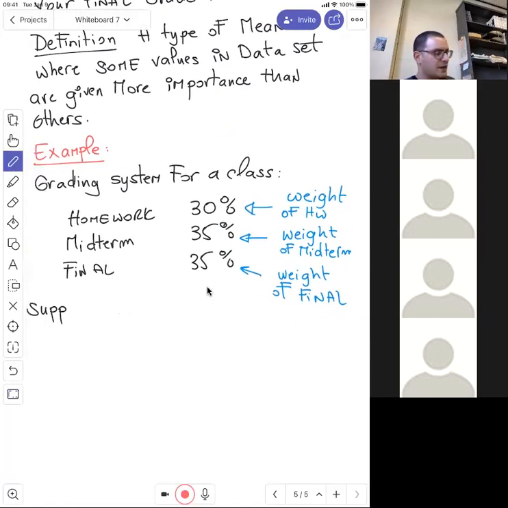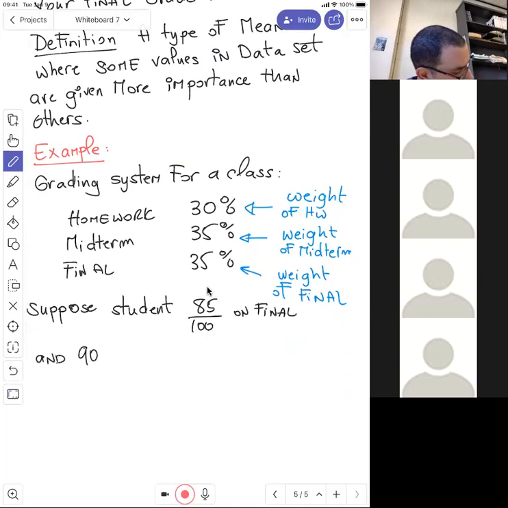Suppose a student got 85 out of 100 in the final, and then 90 over 100 in the midterm, and 100% on the homeworks.